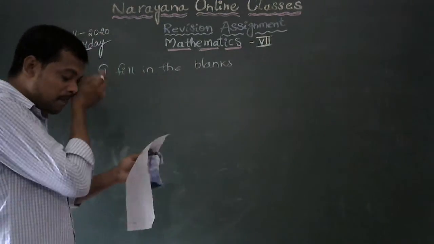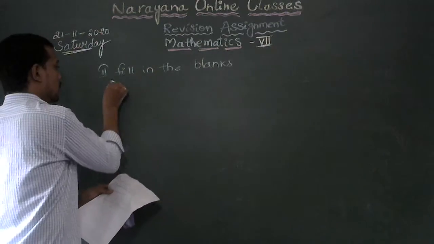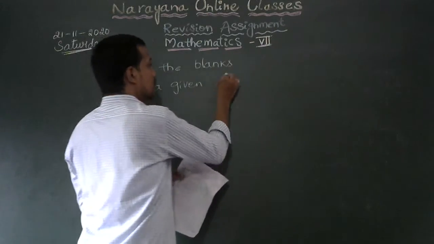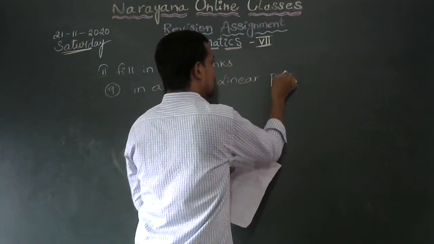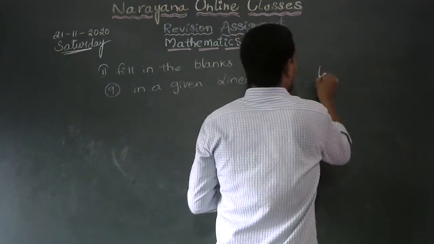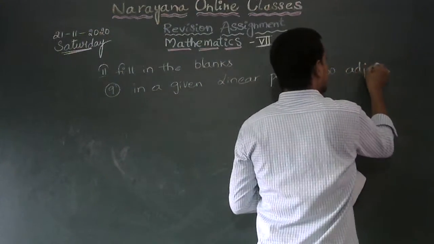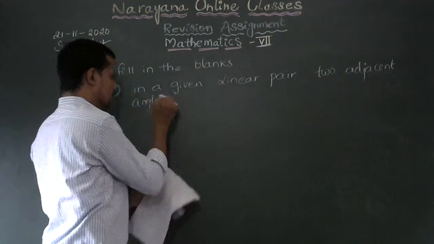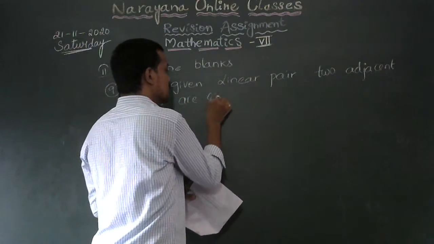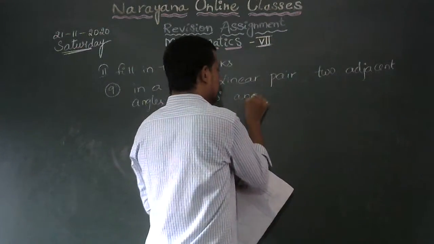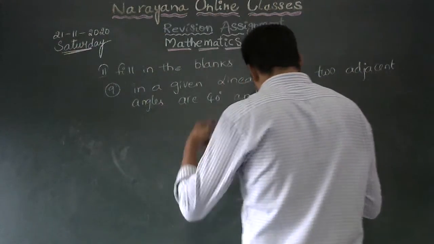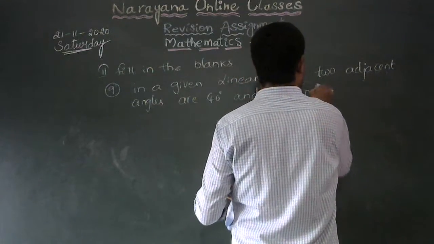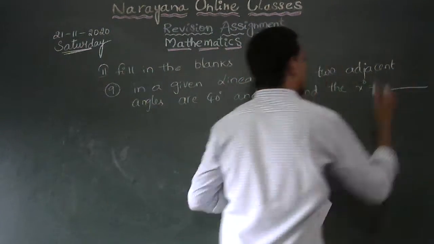Now ninth one. In a given linear pair, two adjacent angles are 40 degrees and x degrees. Find x degrees equal to dash.